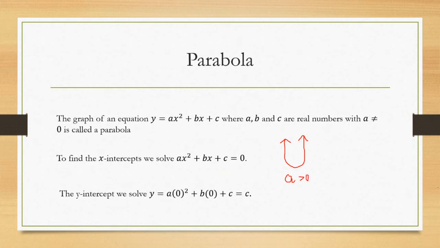It's opening upward, whereas since a can't be 0, the only other choice then is negative. So when a is negative, you have this. In this case, it's going to go down. That's if a is negative. Remember, a is the leading coefficient. So a here is negative. Okay? So the graph's going to look something like that.